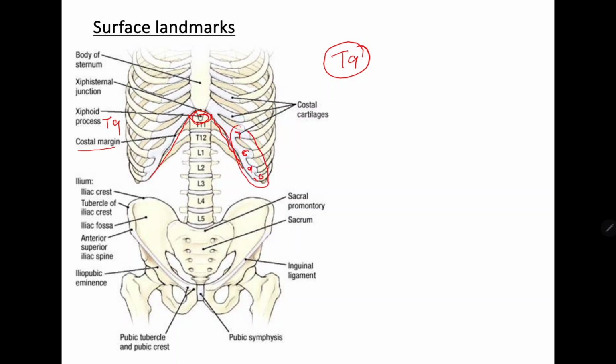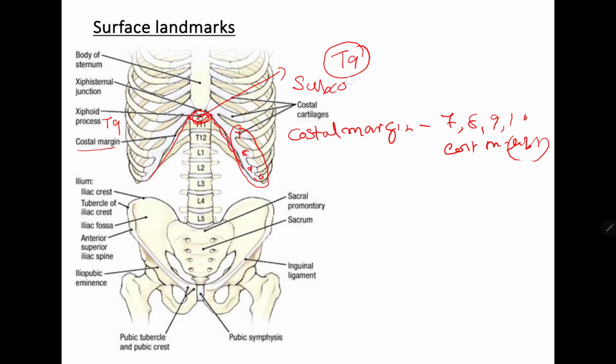Remember, this costal margin is formed by the 7th, 8th, 9th and 10th ribs. The angle which is formed here is known as the subcostal angle. This angle is the subcostal angle.